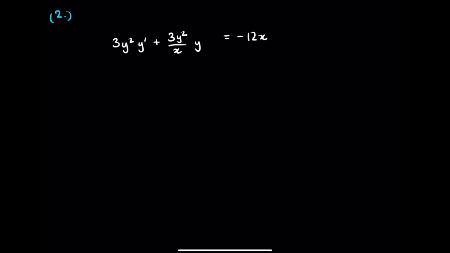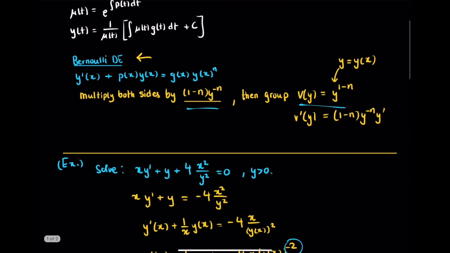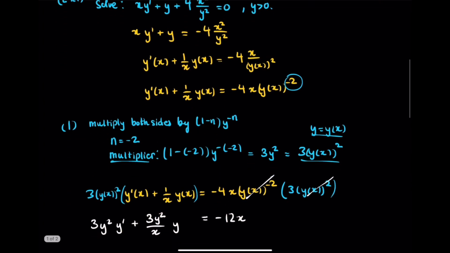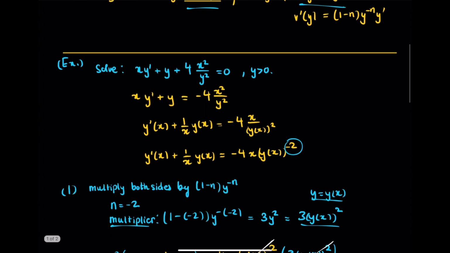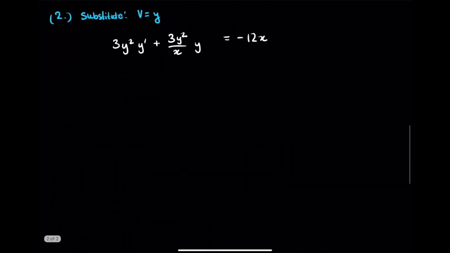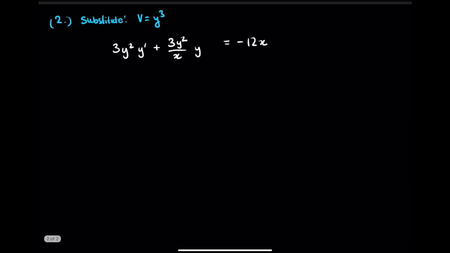Substitute v as y to the 1 minus n. n was -2, so your v(y), this guy right here, is going to be y to the 3. So let's do that. y to the 3.